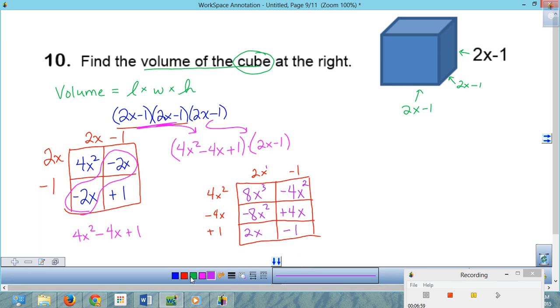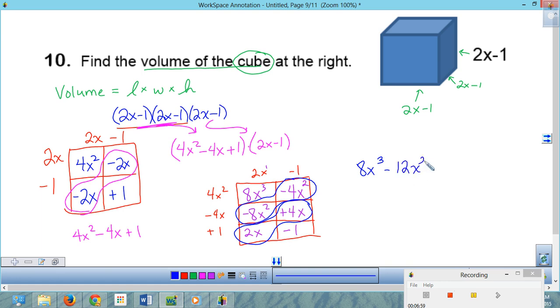Okay? So now you look for your like term peanuts. And you have this diagonal right here, and then this diagonal right there. Okay? And so you should get 8x cubed. Negative 8 plus negative 4, they're the same sign, so we'll actually add the numbers, and you get negative 12.